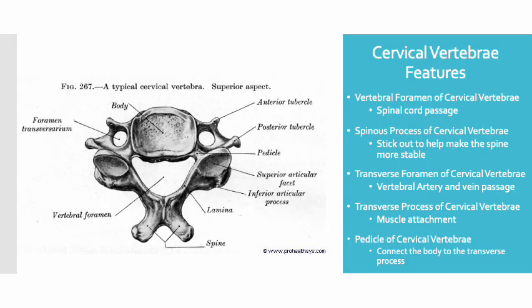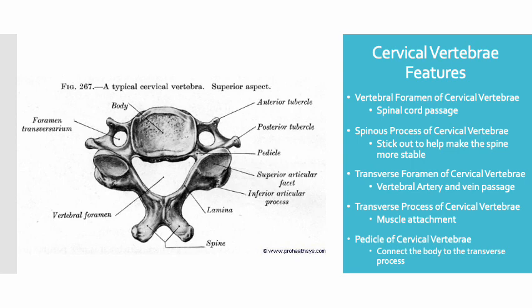Some key features of cervical vertebrae will help you easily identify them. One of the main features of vertebrae is the vertebral foramen, which is the center foramen here, and that allows for the spinal cord to pass through. Every vertebrae is going to have a vertebral foramen because its job is to surround and protect the spinal cord.